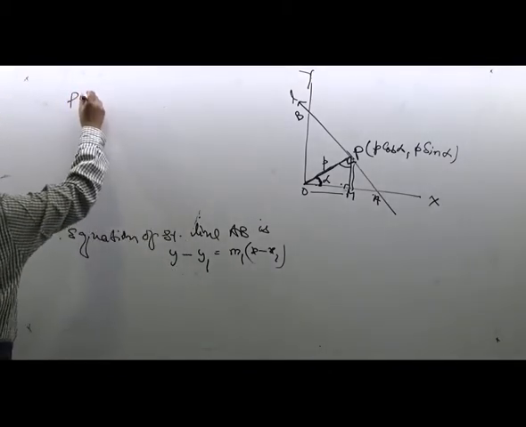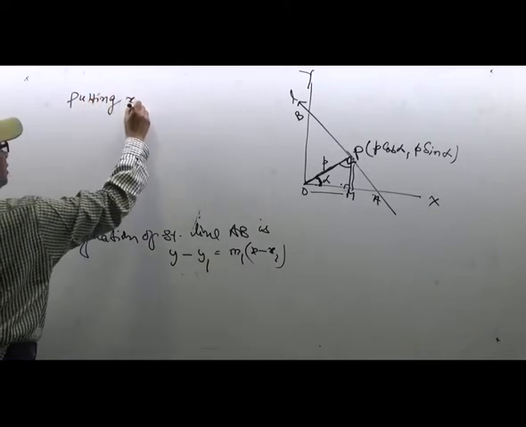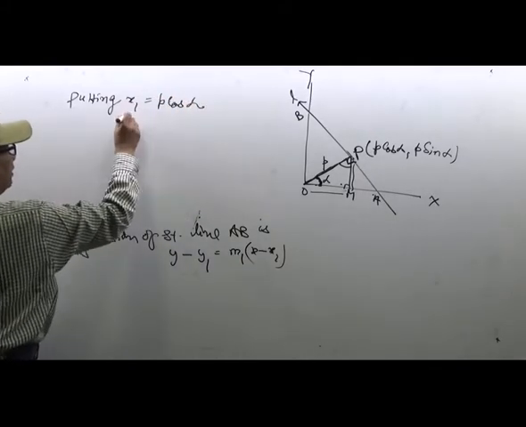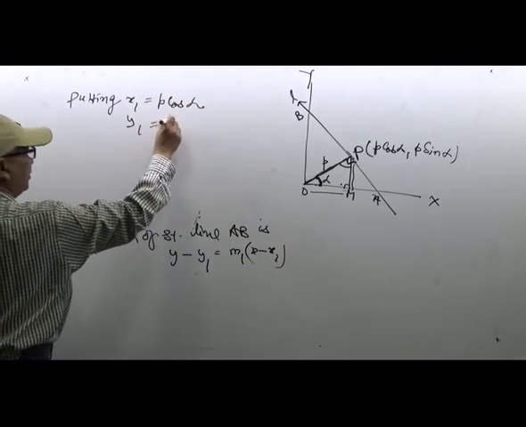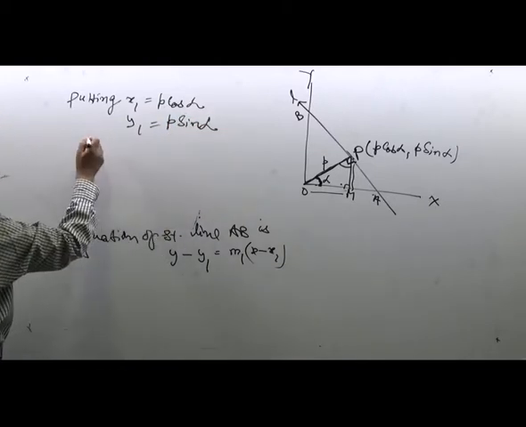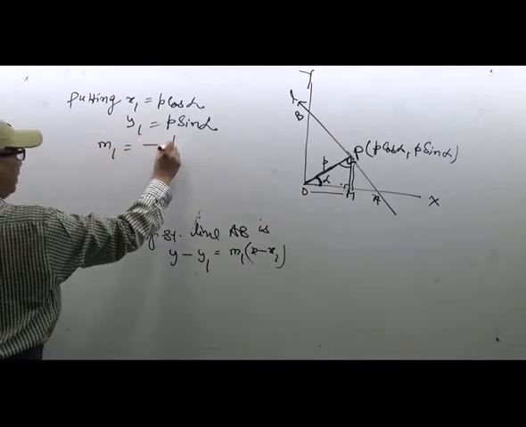Putting x1 is equal to P cos alpha and y1 is equal to P sin alpha, and m1 is equal to -1 over m.